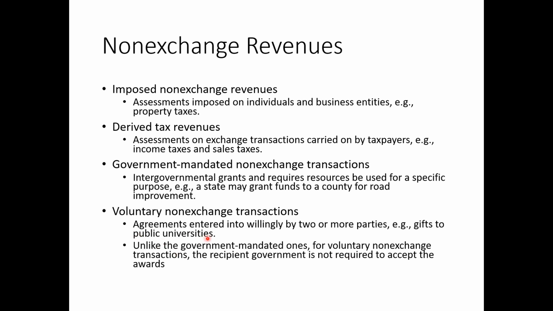For example, a public university can say no to the gift. So these are the four types of non-exchange revenues we're going to see in the general fund and also in other funds.